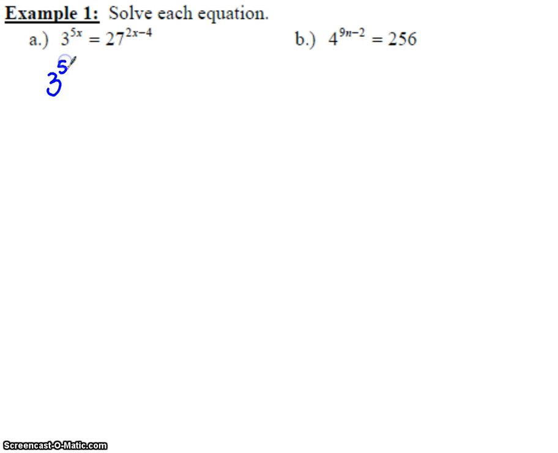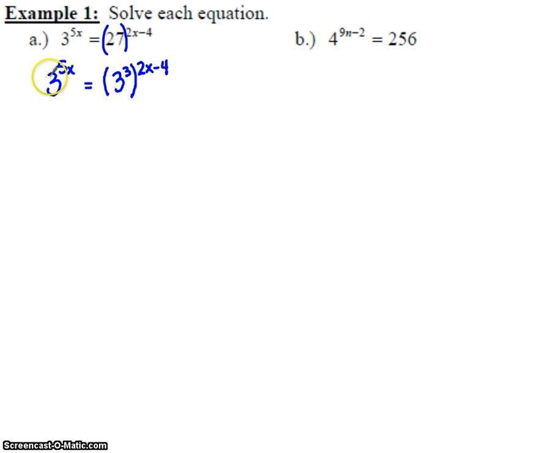And over here you have a 27. That's not the lowest you can go with the 27. Keep in mind a 27 is a 3 to the third power. And outside here, we're still going to have this 2x minus 4.